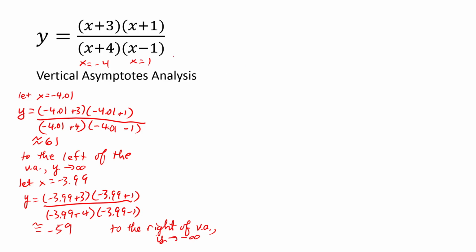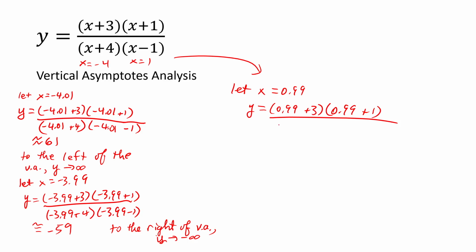All right, now let's take a look at this other vertical asymptote. We can let x equal 0.99. Plugging that in, (0.99 + 3)(0.99 + 1) over (0.99 + 4)(0.99 - 1), and we get an answer of approximately -159.